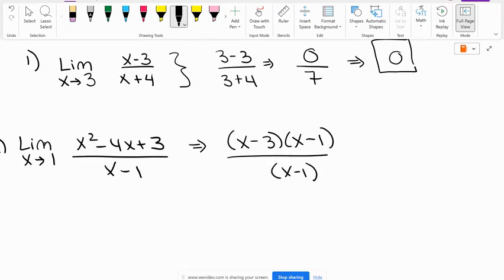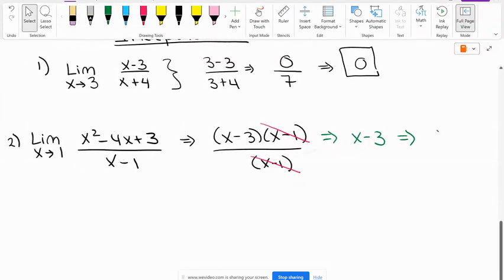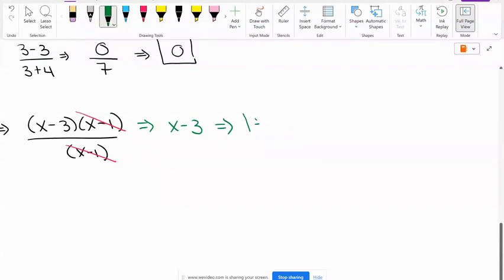And what happens with the x minus 1s? They cancel. So now I'm left with x minus 3. What do I do at this point? Now we directly substitute in. So we're going to have 1 minus 3, which is negative 2.